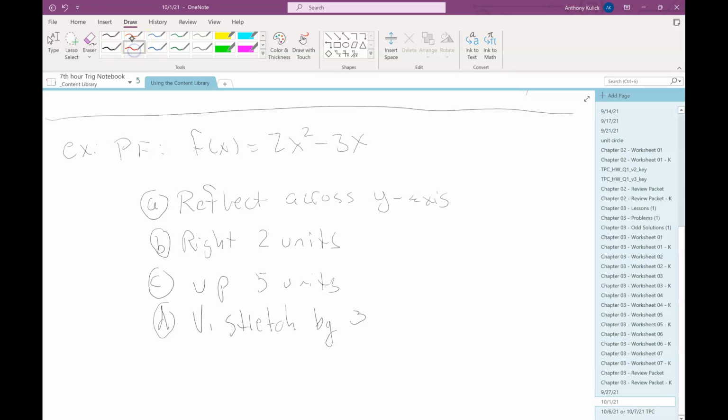Okay, so I have this parent function, and I want to do these transformations to it, and I want the equation of the function after I do these transformations.